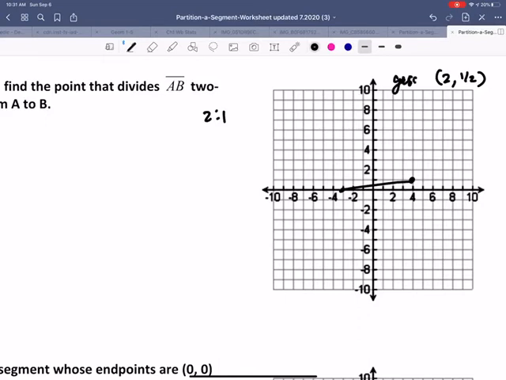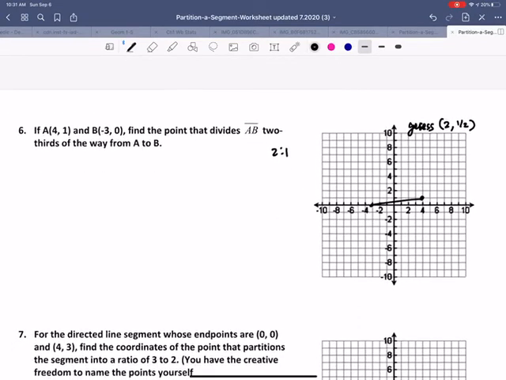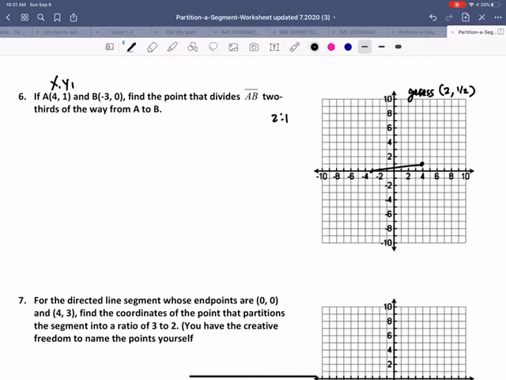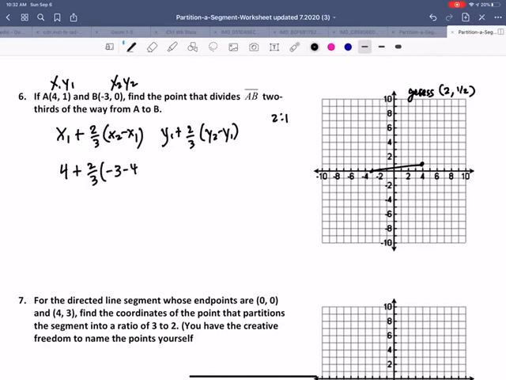All right, now let's use the formula. So x1 plus, and I want to go 2/3 of the way there. And my difference of my x, and then I'll do the same in the y. Okay, so x1 is 4. And the difference of the x values, looks like they're 7 apart from each other.